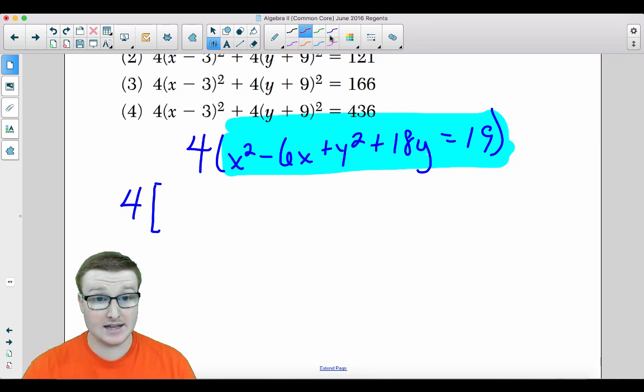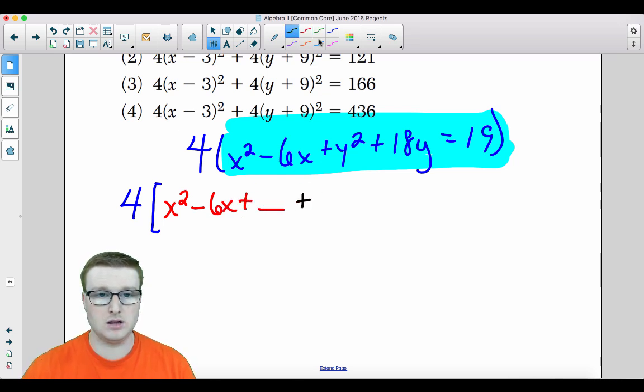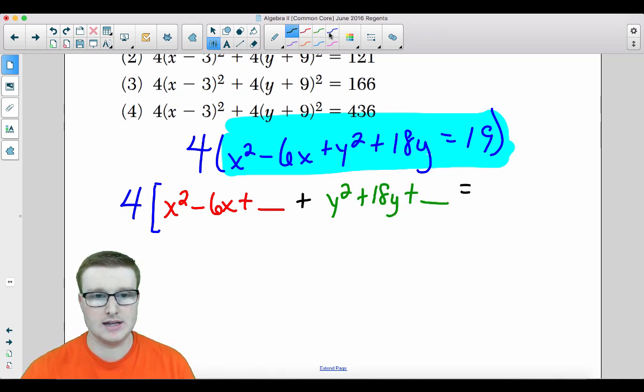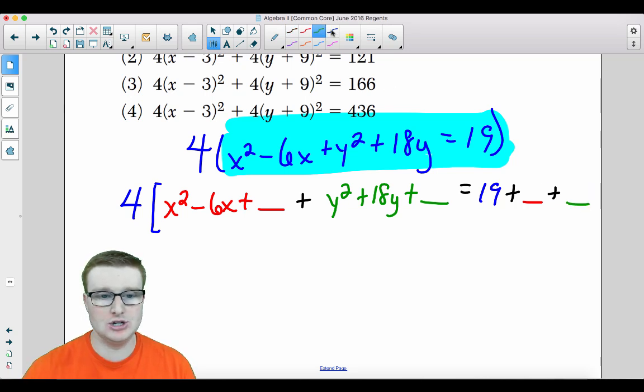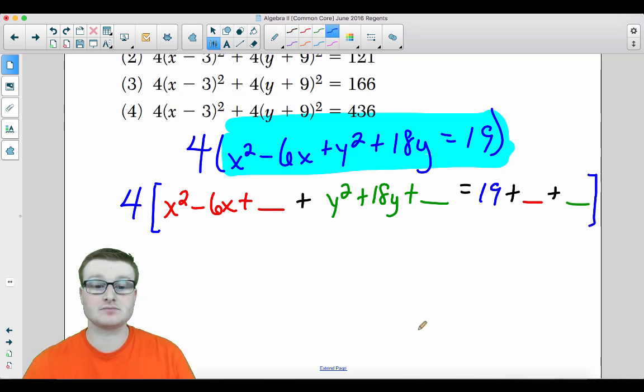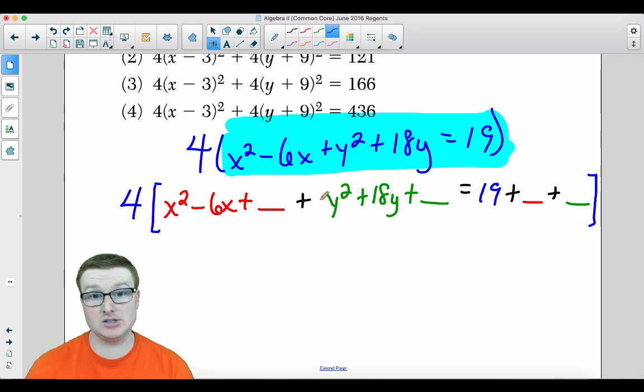We get x squared minus 6x plus something, plus y squared plus 18y plus something, equals 19 plus something plus something. Remember, what you do to one side of the equation, you must do to the other side. So let's find out what those blank spaces are.